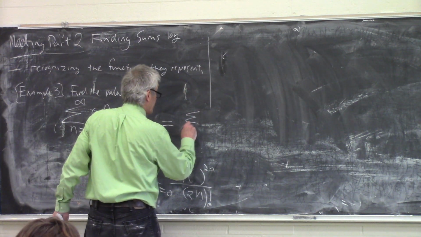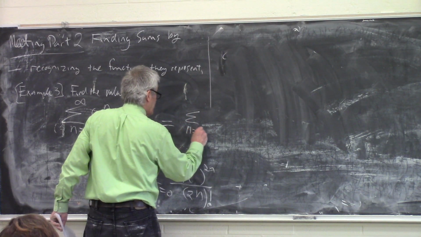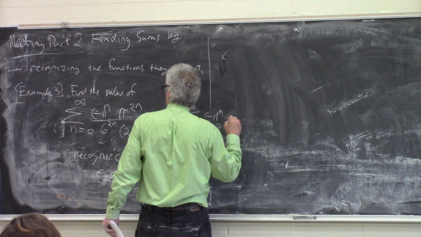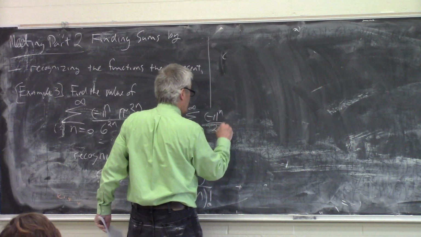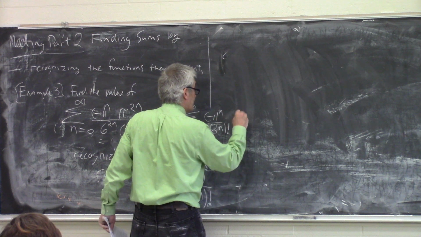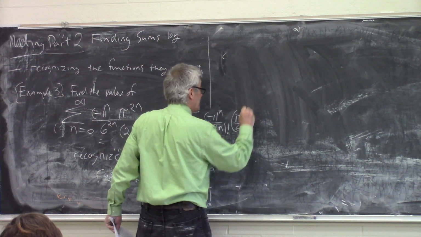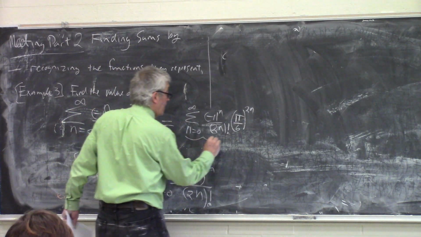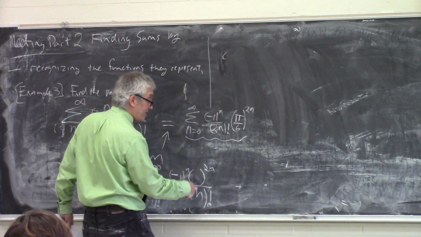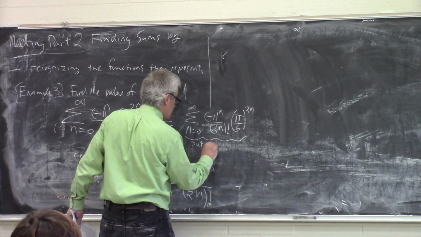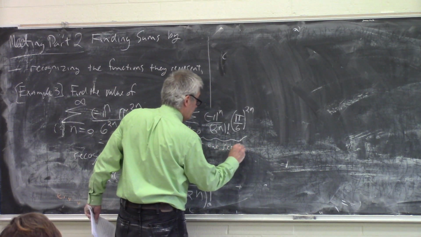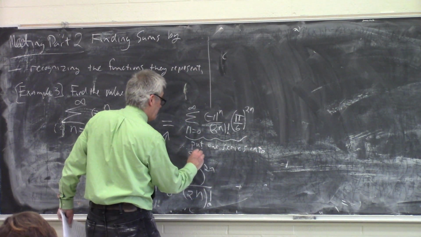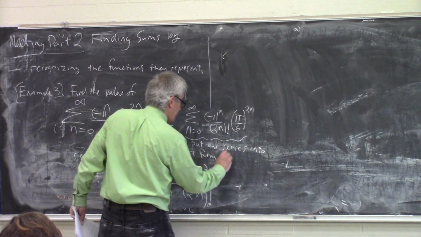So let's write this as the sum as n goes from 0 to infinity of (-1)^n over (2n) factorial, and we just pull the pi and the 6 together. And so all we did here is we put our series into a form that matches that form.